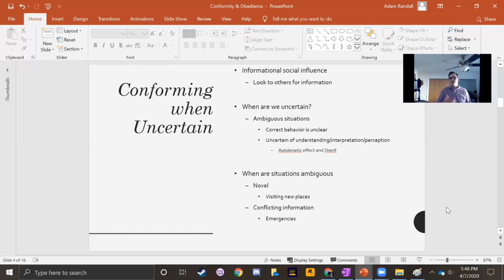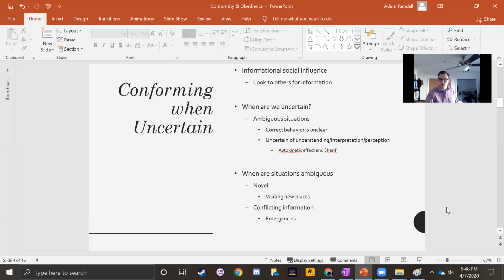So think about somebody choking in a restaurant. Most of us are not medical doctors. Most of us don't know how to perform the Heimlich maneuver. And so in that situation, you're caught with conflicting information. You want to help. You think you probably should help, but you don't know how. You don't want to hurt the person more. So you've got this conflicting information.